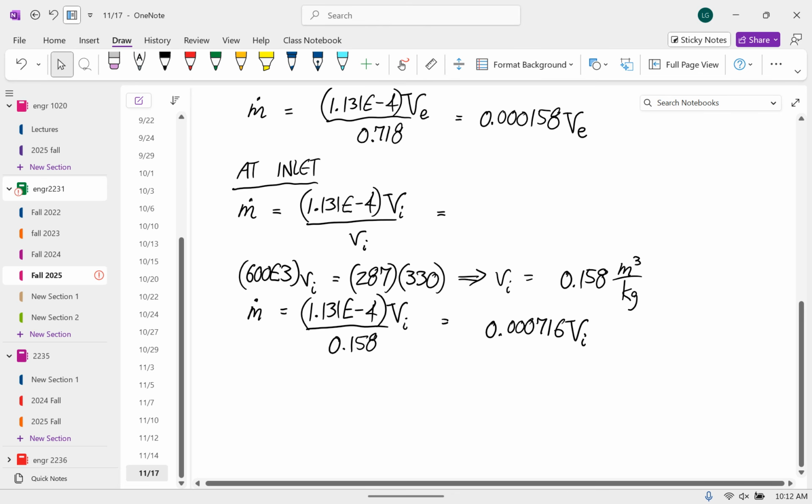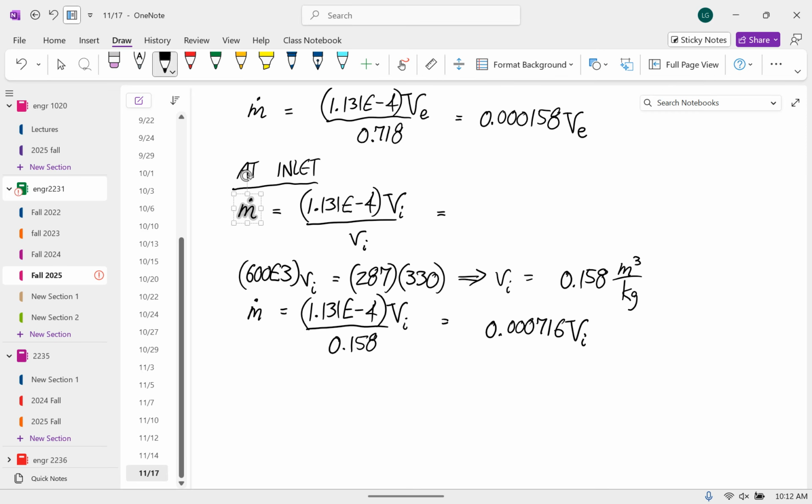So we set these two mass flow rates equal to each other, and you get that V exit is equal to 4.53 V inlet.